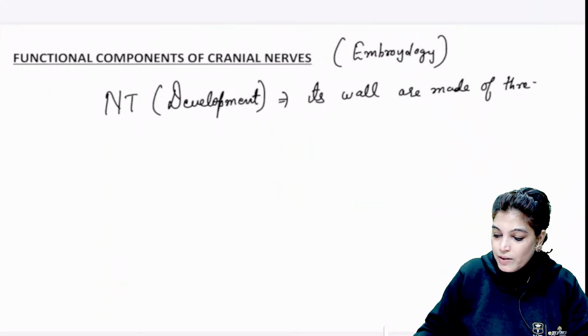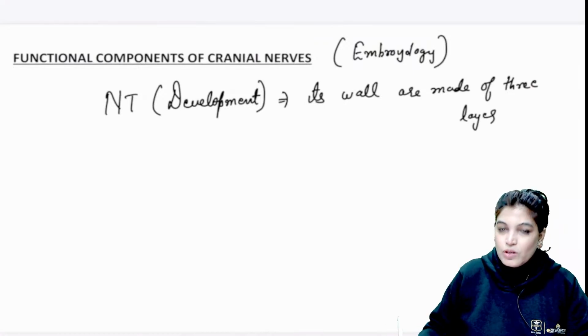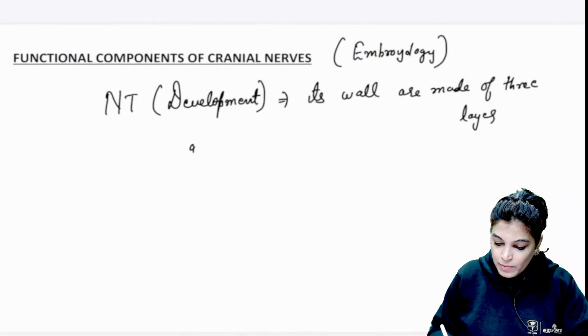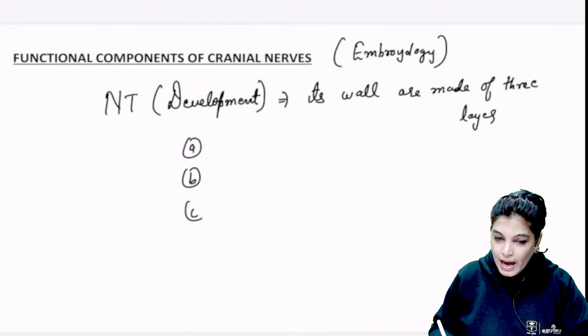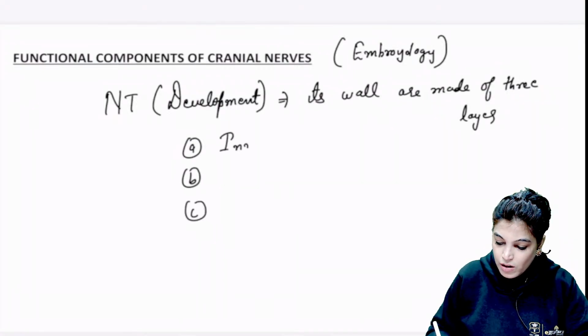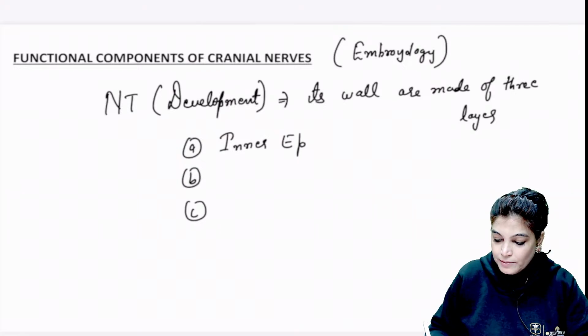Its wall is made of 3 layers, A, B, C, and the innermost layer is also called the ependymal layer.